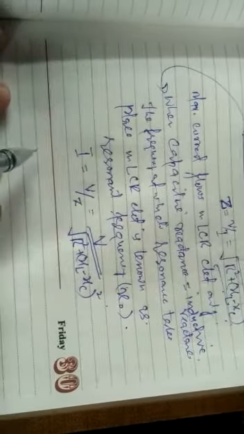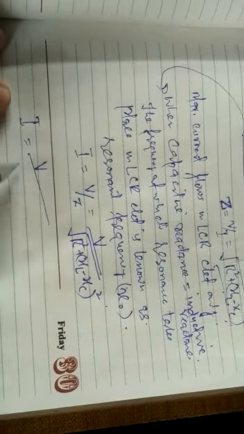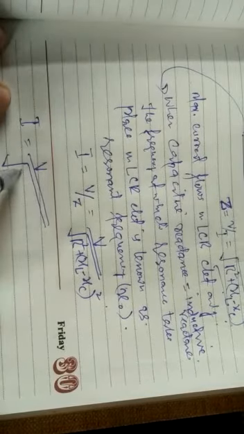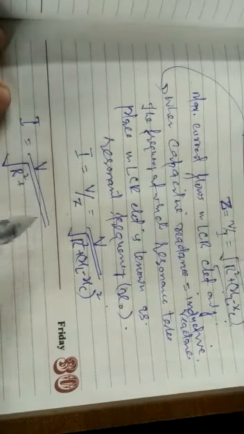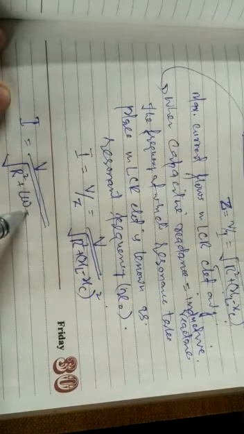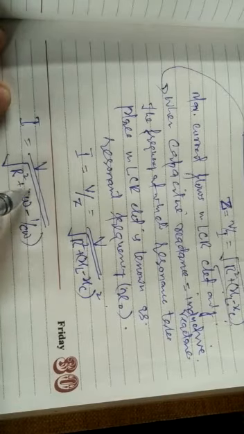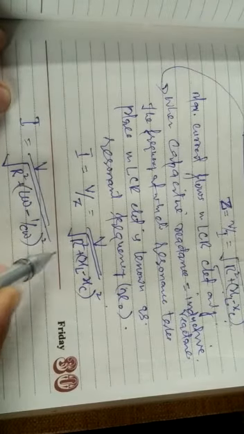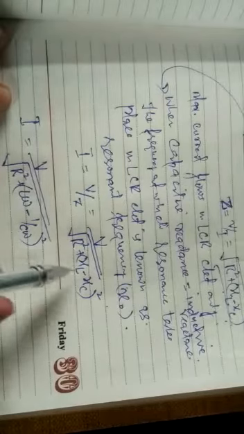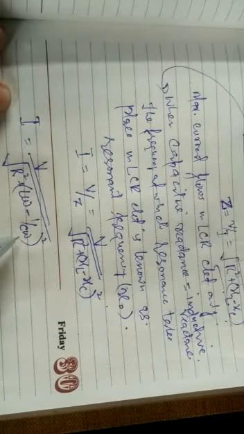We can write I equals V over the square root of R square plus (L omega minus 1 over C omega) whole square, because XL is equal to L omega and XC is equal to 1 over C omega.